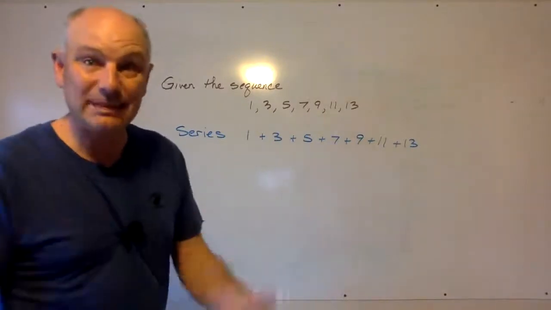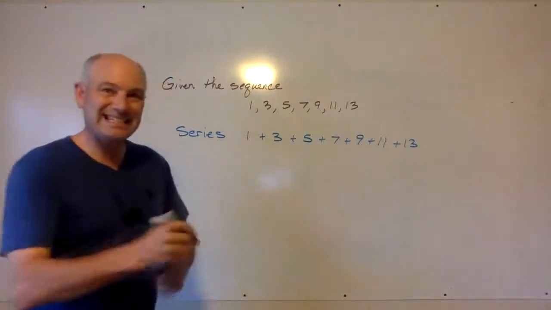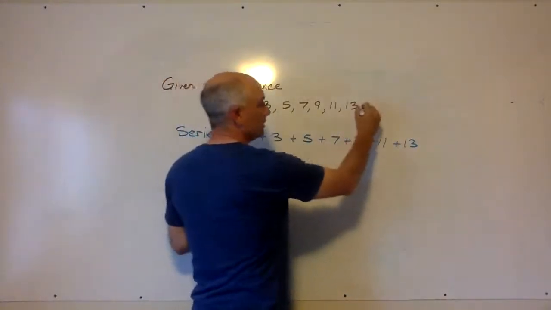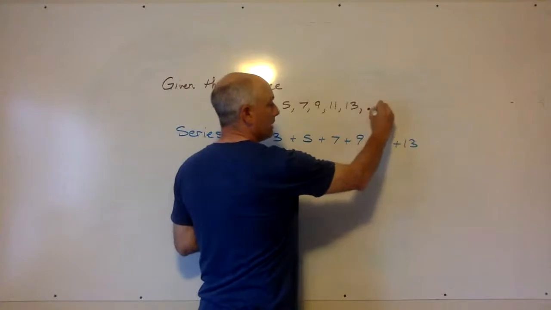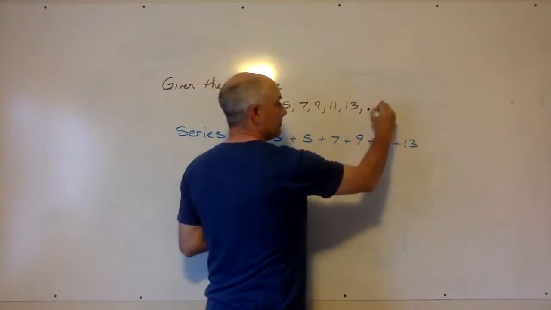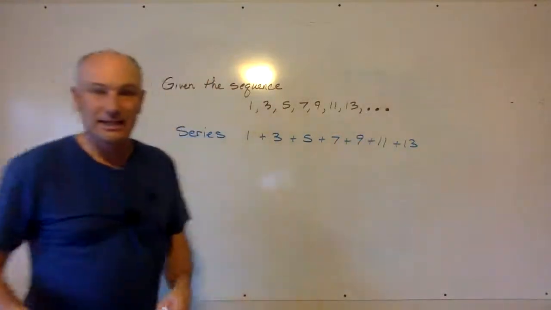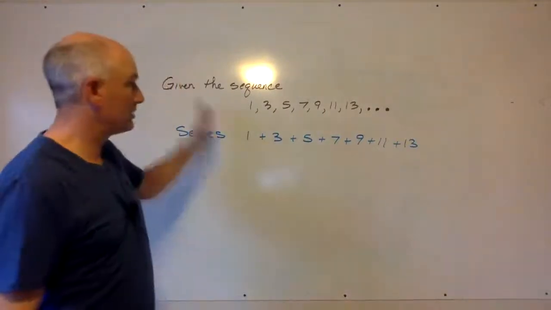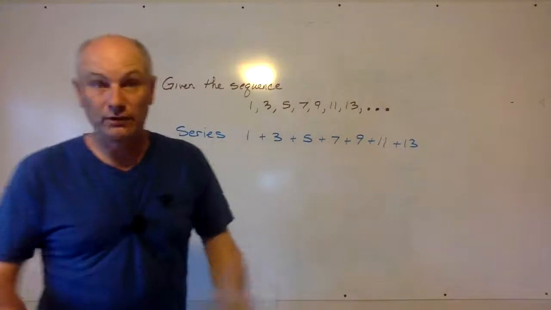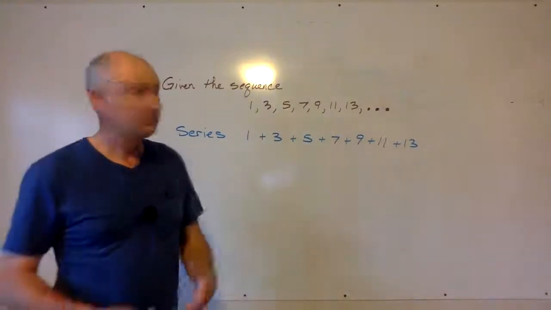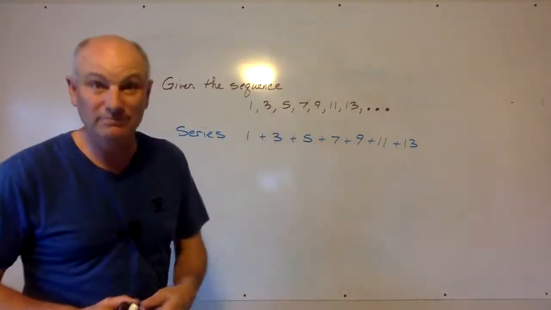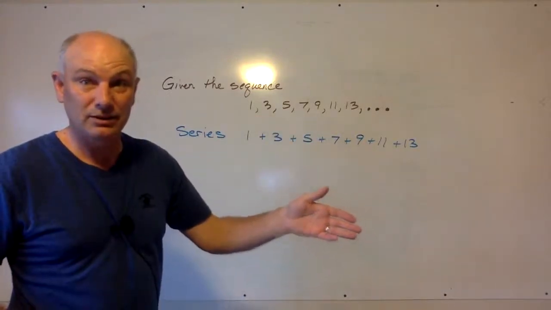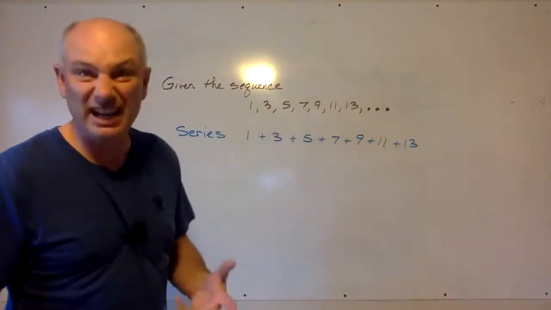Now, in some cases we might see a sequence that's going here, but in the end they'll put the 3 dots. What that represents is that this would be an infinite sequence. In other words, this pattern would go on forever and ever, to the point where if you tried to write out all of the terms of that sequence, you'd die writing odd numbers.